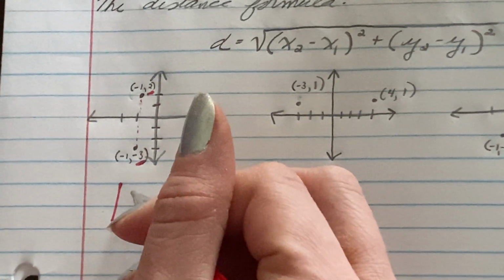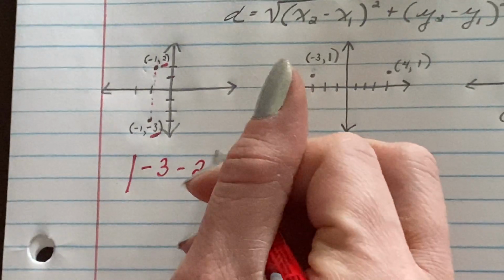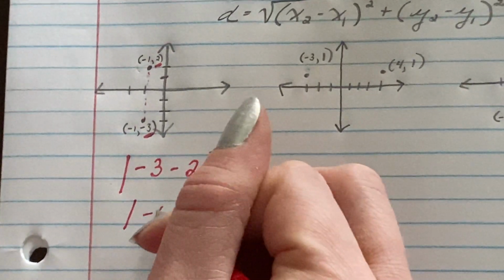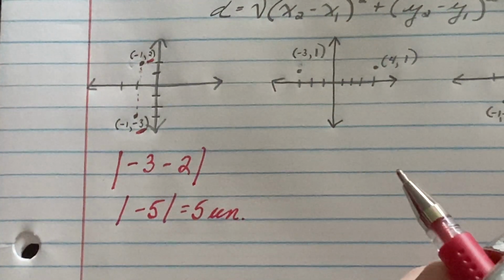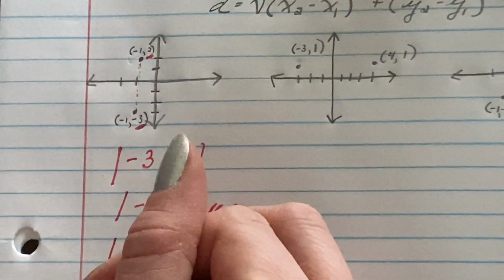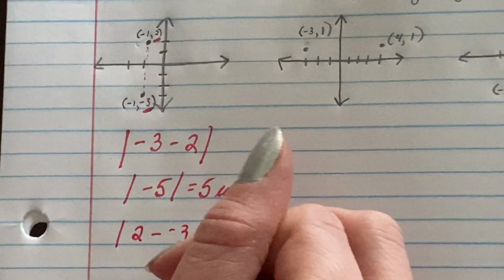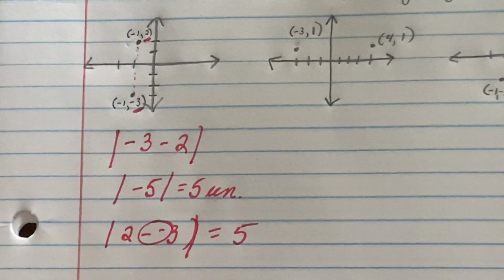So you're going to do the absolute value of -3 minus 2, so the absolute value of -5. Therefore the difference between the 2 points is 5 units. It doesn't matter if you set it up doing -3 minus 2 or 2 minus -3, because you get the same result in the end.